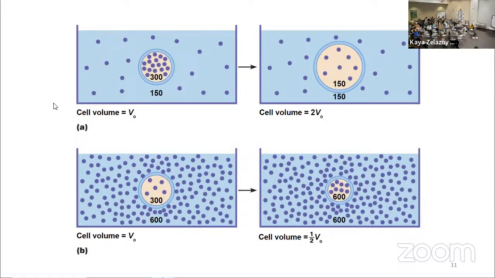So another thing that happens to be the case in your body, right, is that because we have this relationship between the movement of water and the distribution of solute, this means that we can actually change the size of cells when we see the movement of water or when we distribute solutes differently.